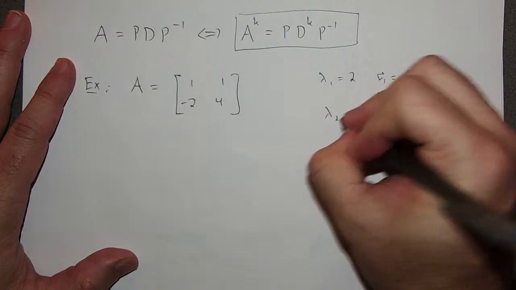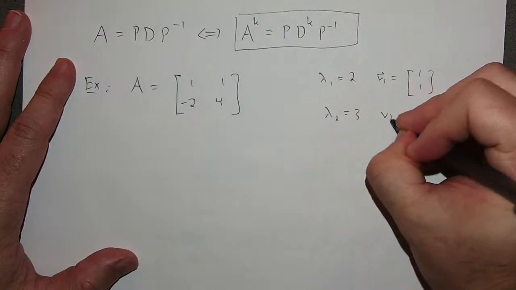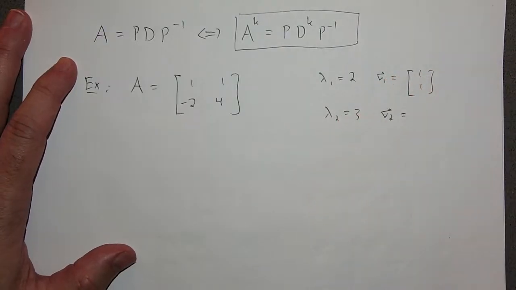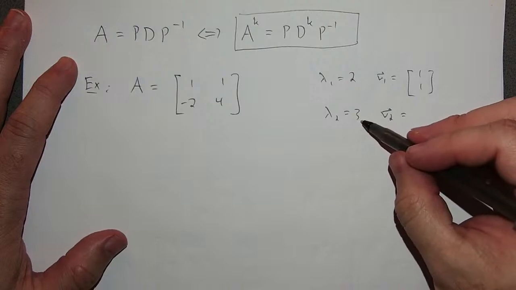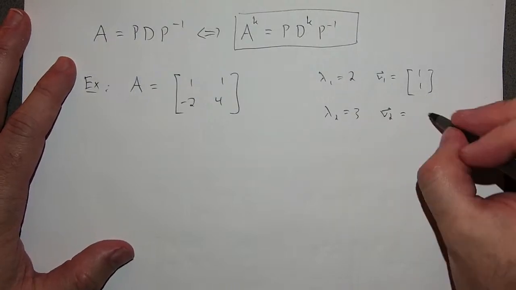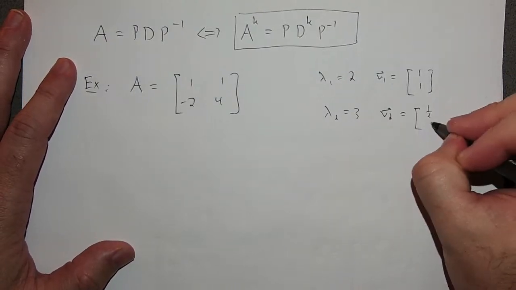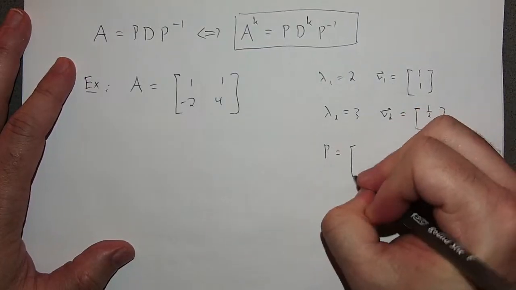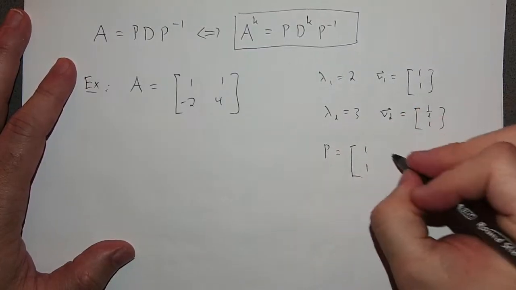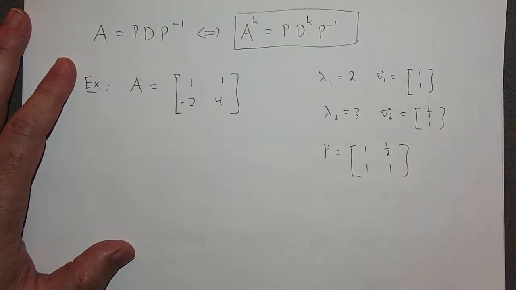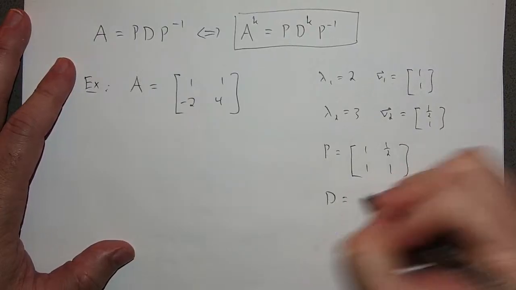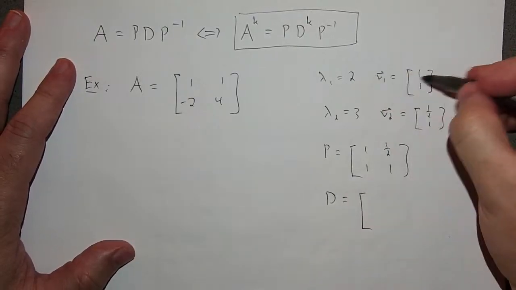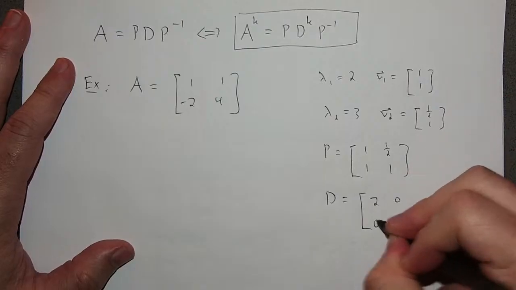Its next eigenvalue is 3. Its associated eigenvector is 1 half, 1. This means that the P in question, reading column-wise, is 1, 1, 1 half, 1. The D in question contains the eigenvalues in the proper order, so this would be 2, 0, 0, 3.